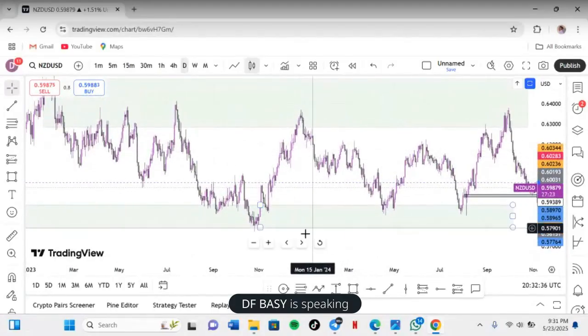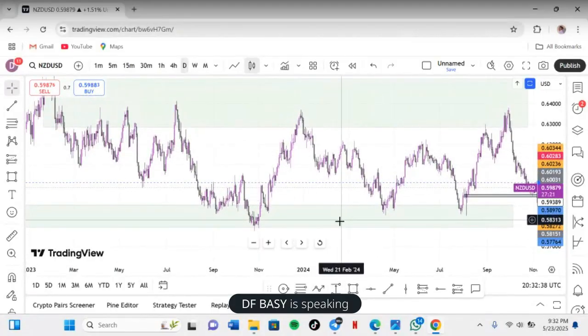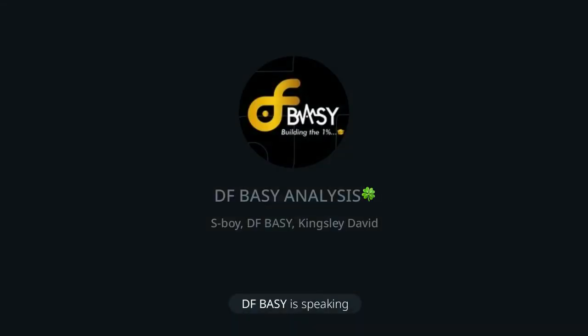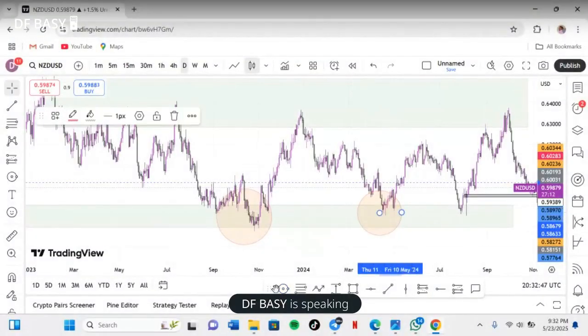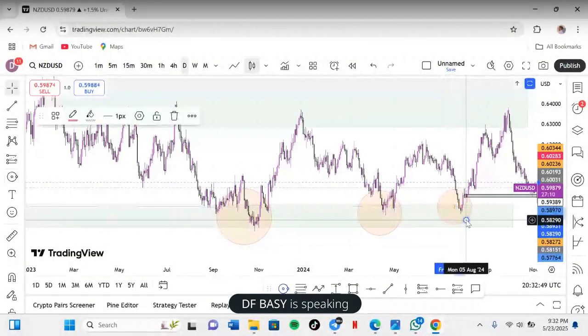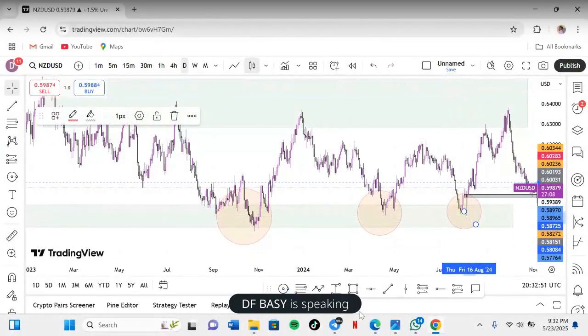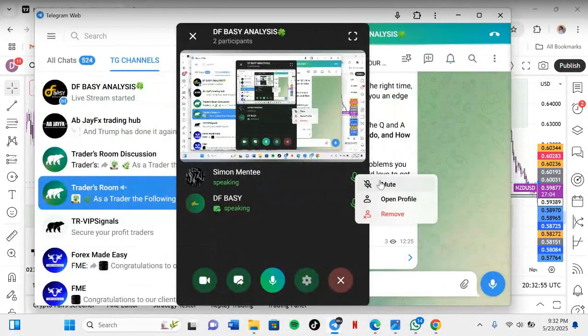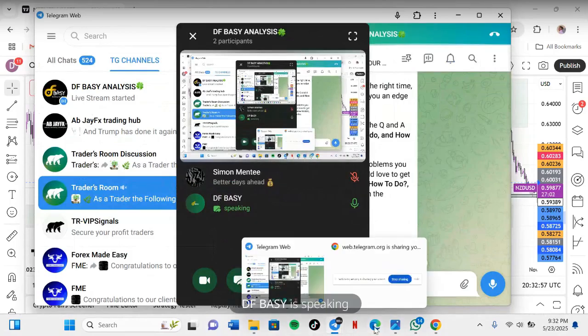This is support because you can take this as either your support or your demand zone. It's still the same thing. Why? Because the market touched this place severally. Market respected this zone severally, right?